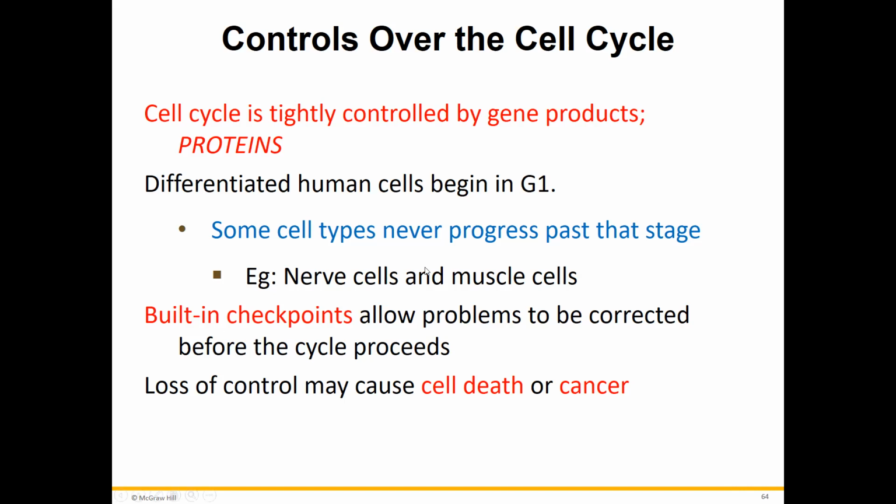So these cells that aren't allowed to move into S phase are part of the gene expression control over their cell cycle. These built-in checkpoints allow for problems to be corrected. And if you think about the trillions of cells that are in your body and that all of them are undergoing cell division for the most part, it's pretty incredible how few mistakes are made.